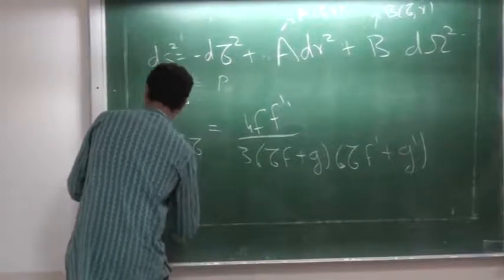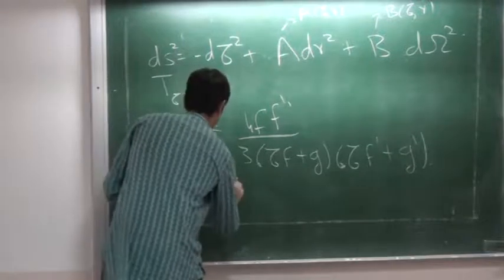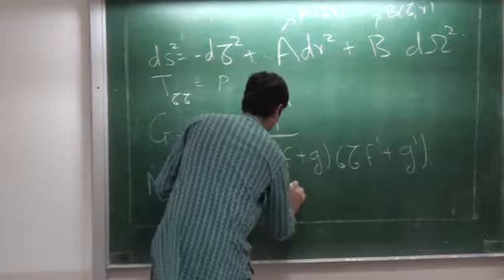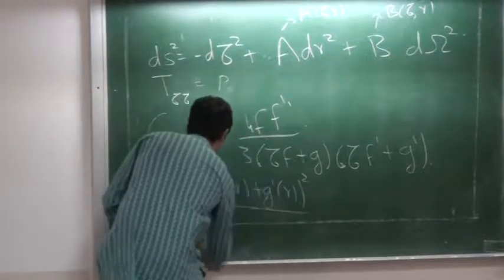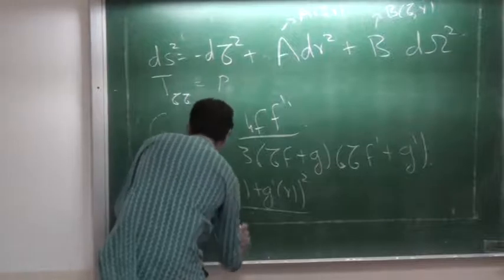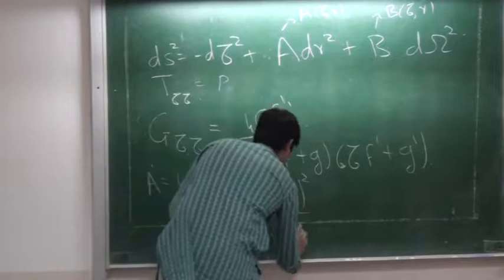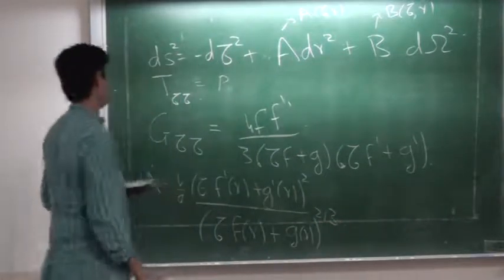That A looks like 4 by 9, tau f prime of r, squared by tau. Okay.